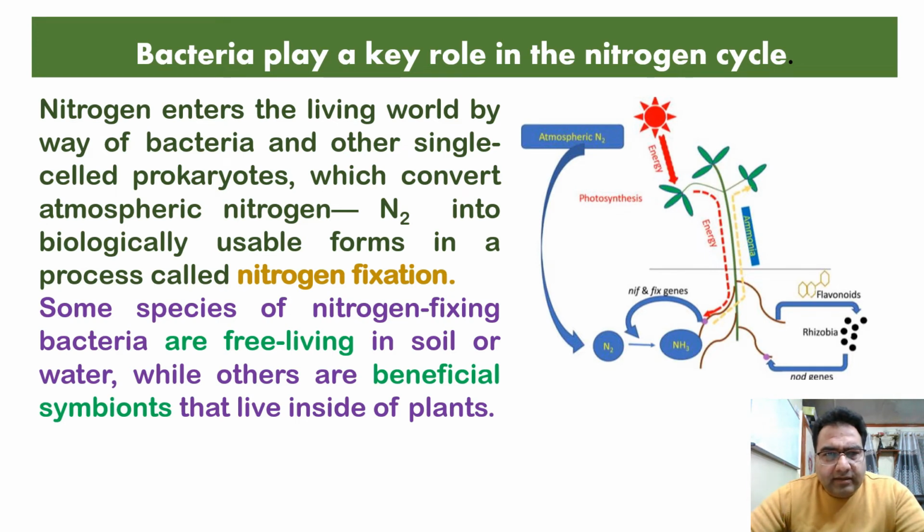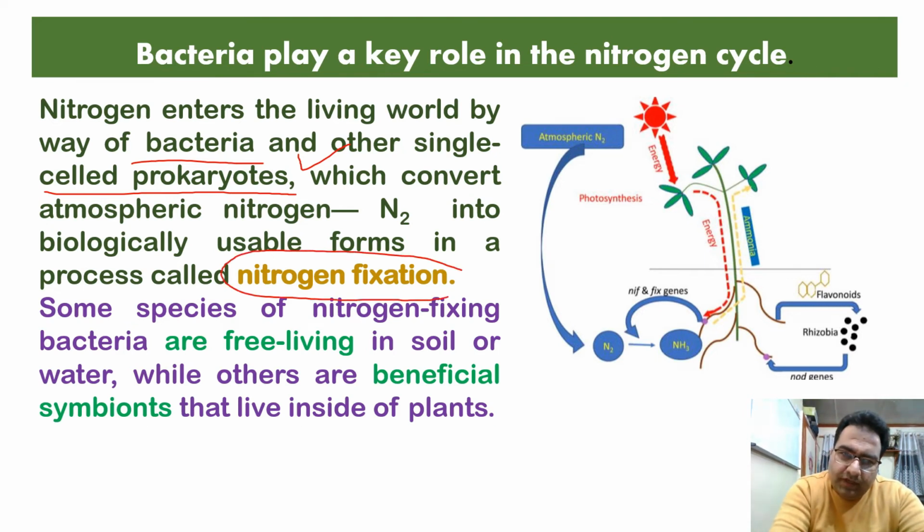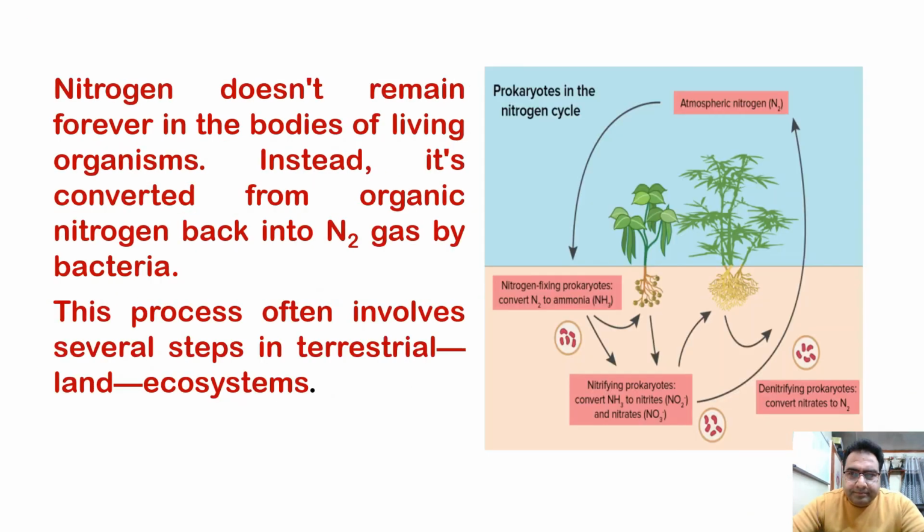Nitrogen enters the living world by the help of bacteria and other single-celled prokaryotes, which convert atmospheric nitrogen into biologically usable forms, a process we discussed as nitrogen fixation. Some species of nitrogen-fixing bacteria are free living in soil or water, while others are symbionts and live inside plants. This is just a recap.